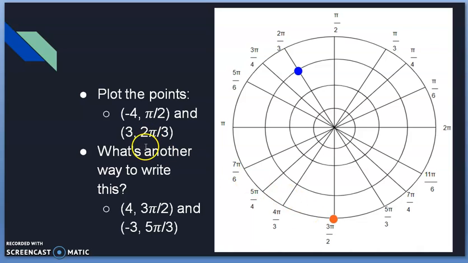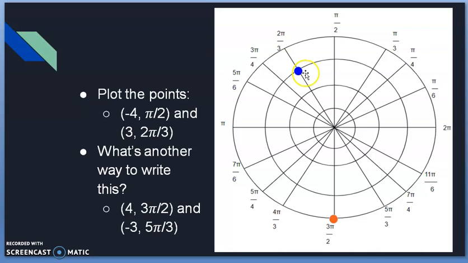Let's look at our next point. This is (3, 2π/3). So we'll go out 1, 2, 3 spots and go over here to 2π/3 for our angle. Now, this has a positive r value, meaning that we can write it in a different way using a negative r value.